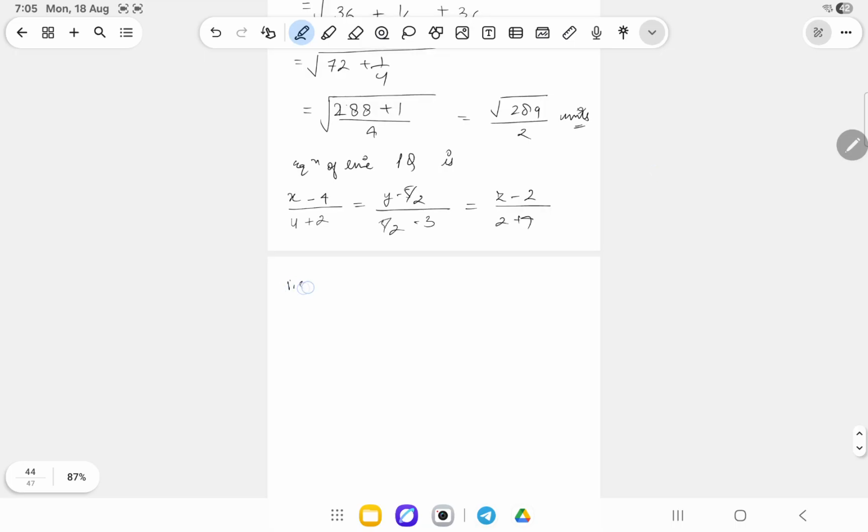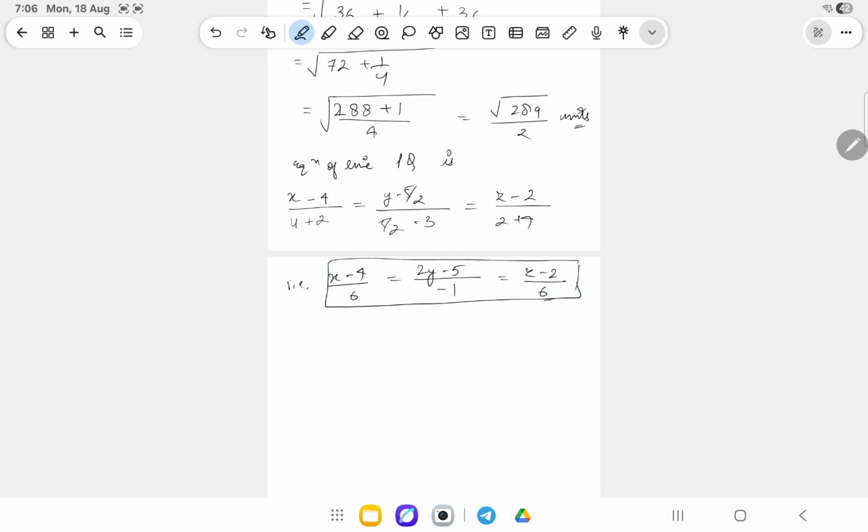That is, (x minus 4) upon 6 equals (2y minus 5) upon minus 1 equals (z minus 2) by 6. So this is the required equation of line PQ.